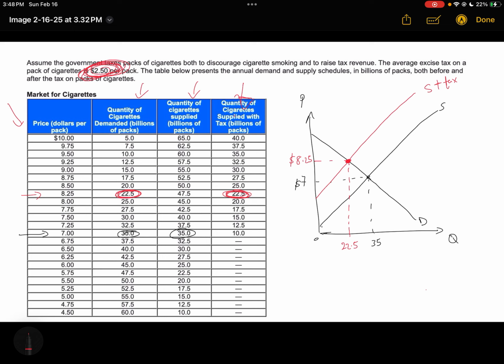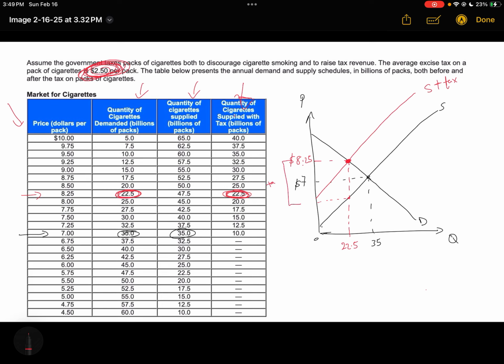From here on, what is the price that the producer will keep? Consumers are paying 8.25 now due to the tax. Before the tax, it was $7. Now it's $1.25 more. So to find the price that producers will keep, well, all you have to do is subtract 2.50, right, from that 8.25.